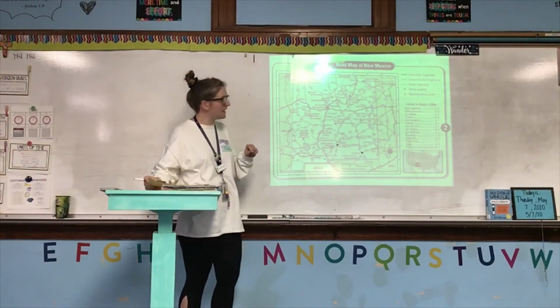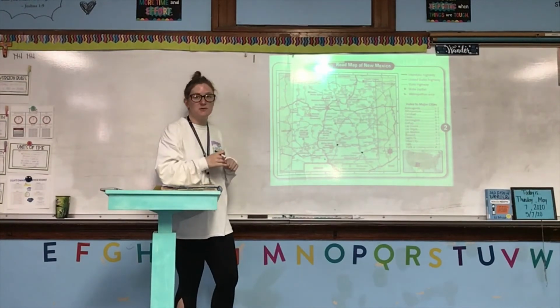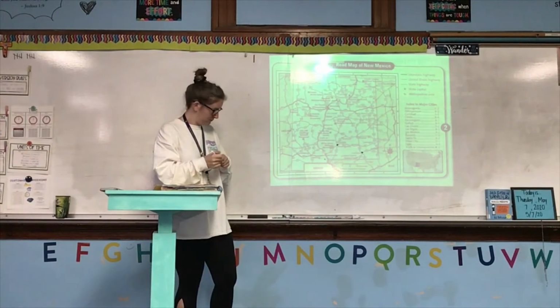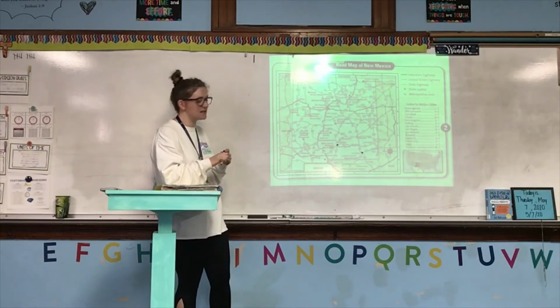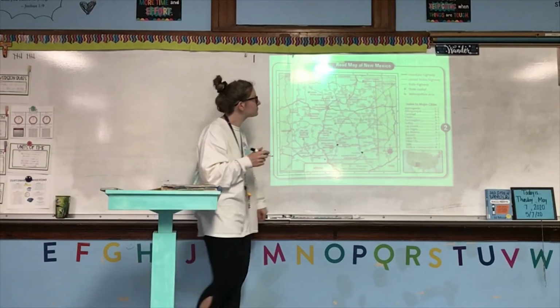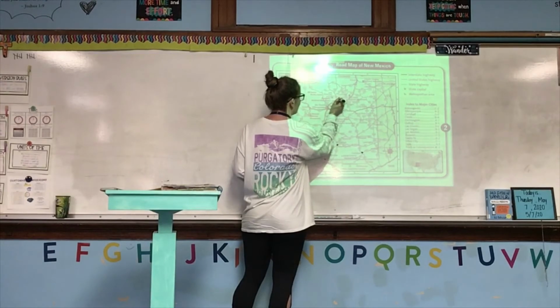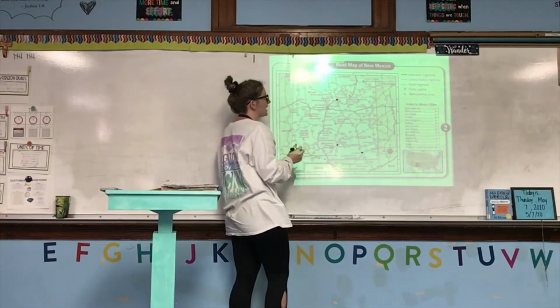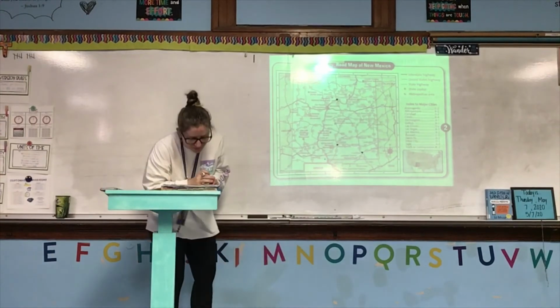So, find Santa Fe, and then find Taos. Okay, if you have not found them yet, pause this video and find them. If you have, go ahead and check with me. Okay, so we're starting at the capital of New Mexico, which is Santa Fe, and we want to figure out, let's see, I can't see exactly where the dot is for Taos.